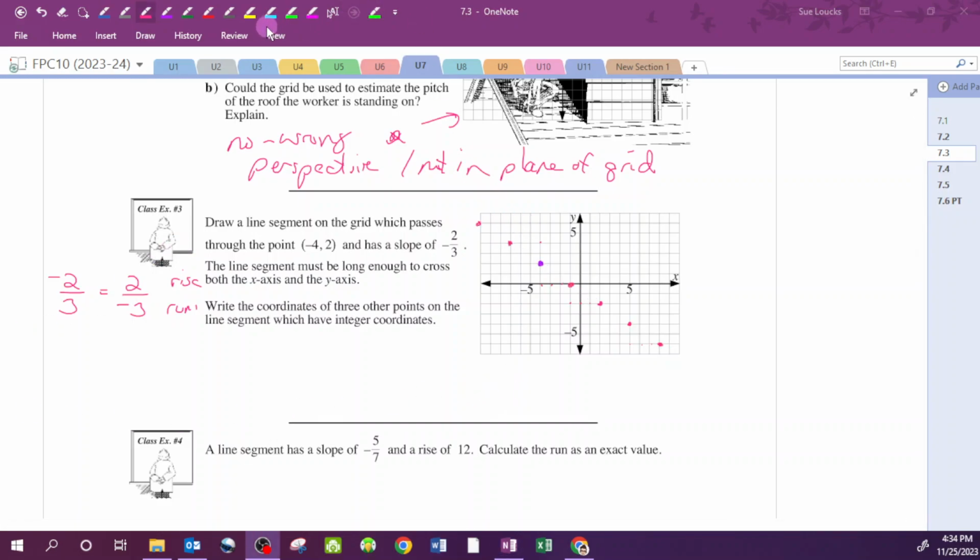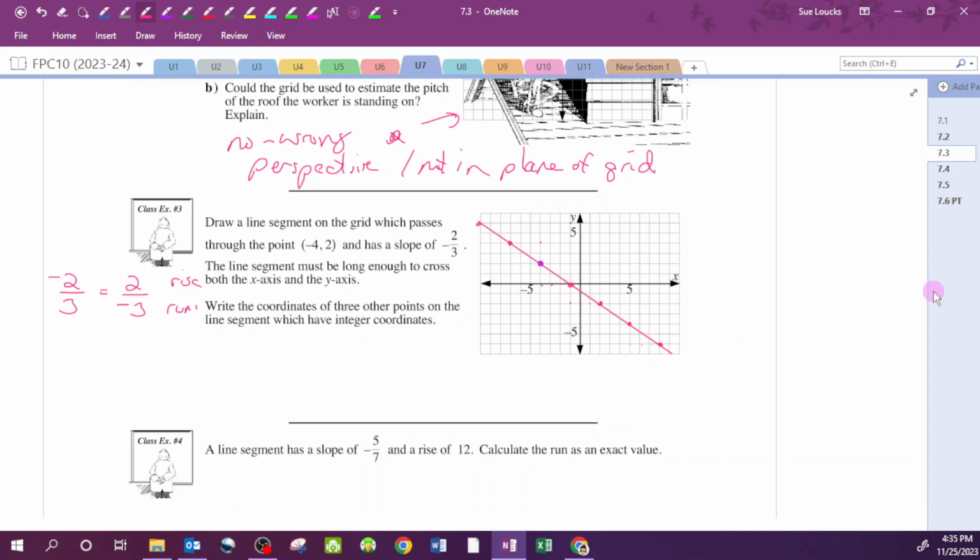Okay, let's do that line again. Draw line. From here, I can grab it and put it down, making sure it's going through all my lattice points. There we go. That's pretty good.